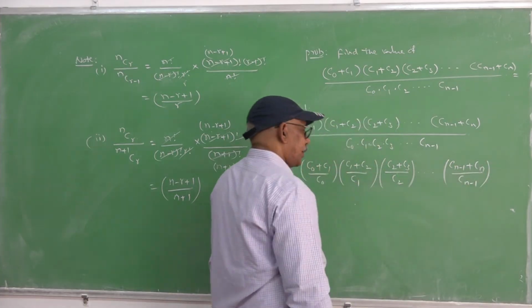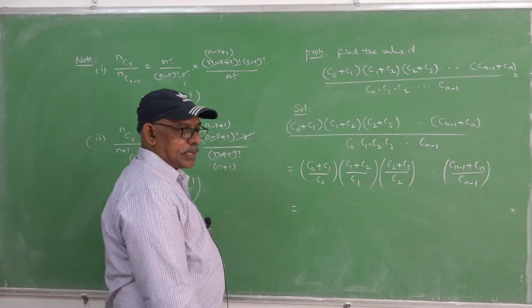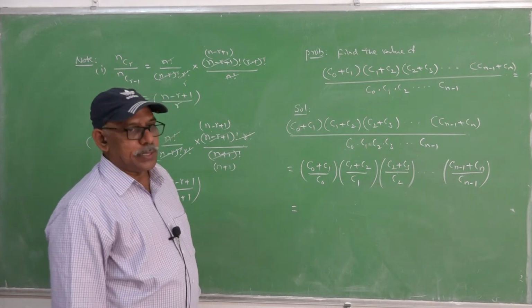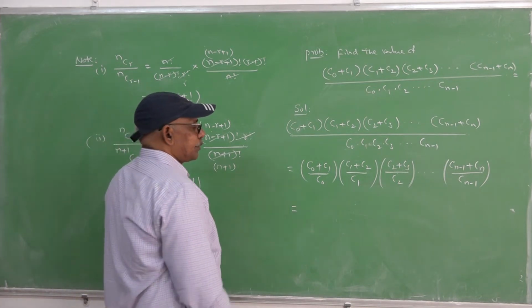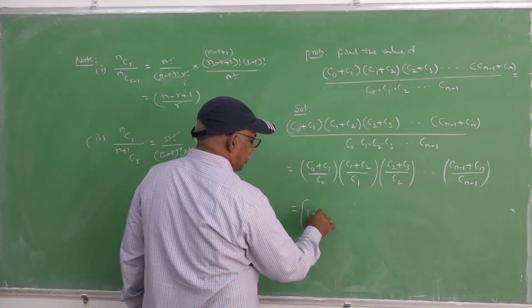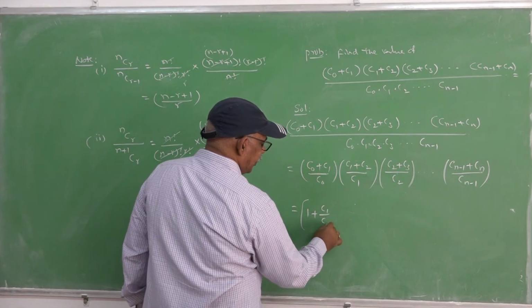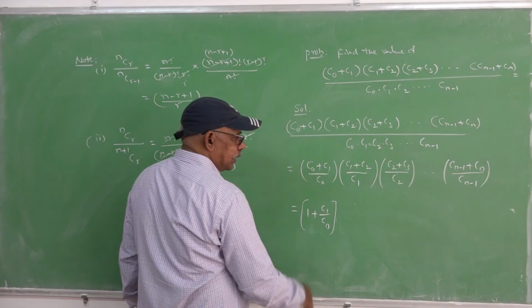Okay. You can write the given expression as (C0 + C1)/C0 × (C1 + C2)/C1 × (C2 + C3)/C2 and so on (Cn-1 + Cn)/Cn-1. Now you can write it as 1 plus, dividing the numerator with the denominator, C1 means nC1, by nC0.